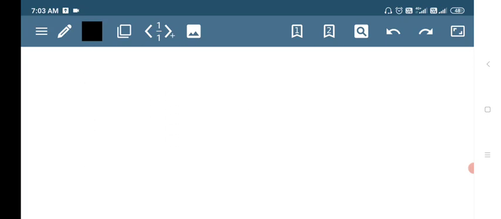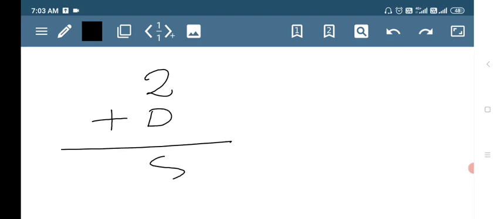So if I take 2 plus some d is equal to 8, what will you tell me, what is the value of d now? What could be the possible value of d now?